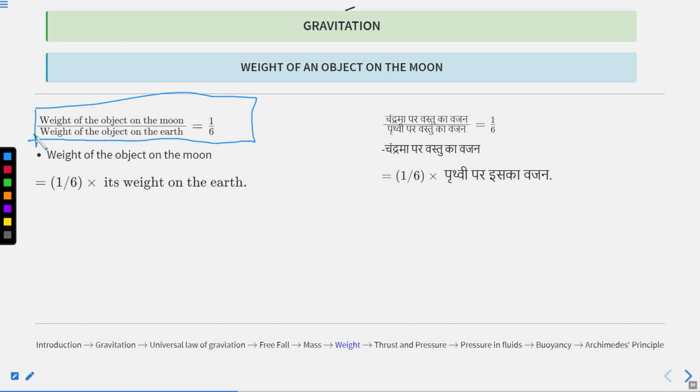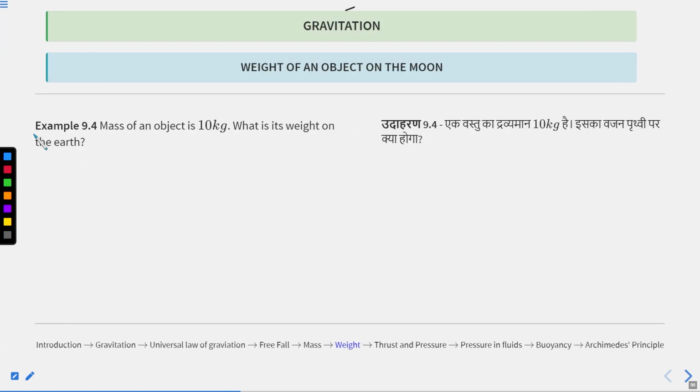Is it clear, class? Okay, let's solve some questions related to it. If the mass of an object is 10 kg, what will be its weight on the earth? Let's suppose your book has a mass of 10 kg. What will be its weight on the earth?